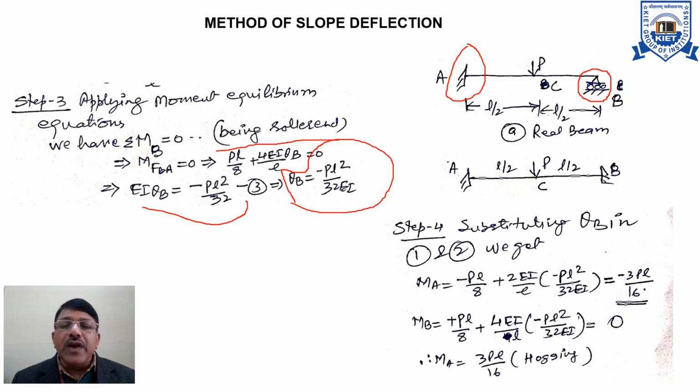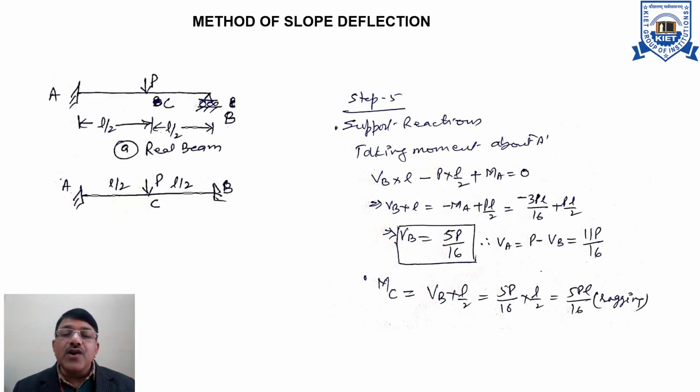If I substitute this value of theta B in the next step, that is step 4, to find the value of MA, I will obtain a value of moment at A equal to minus 3 PL upon 16 as mentioned here. Nature is hogging.